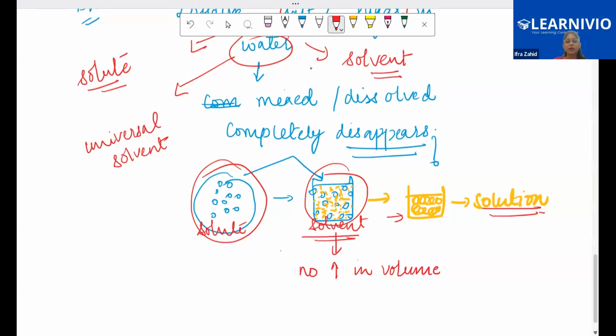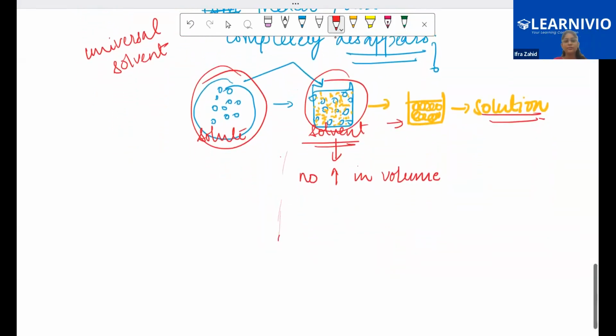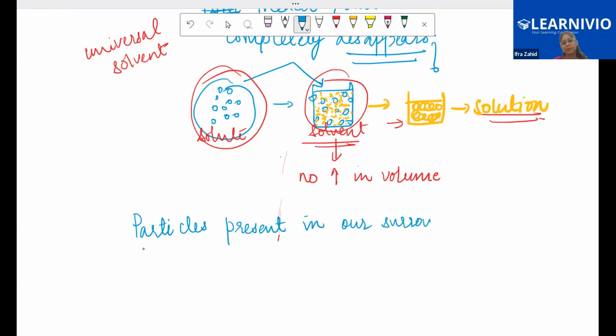Now there's one more thing, that these particles which are present in our surroundings are in a continuous motion.